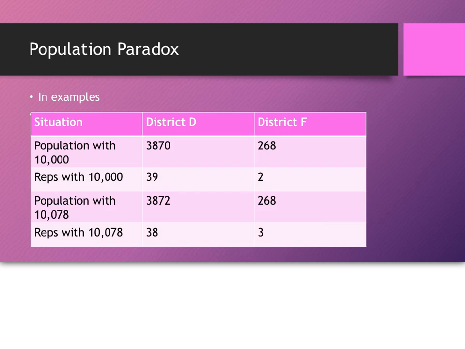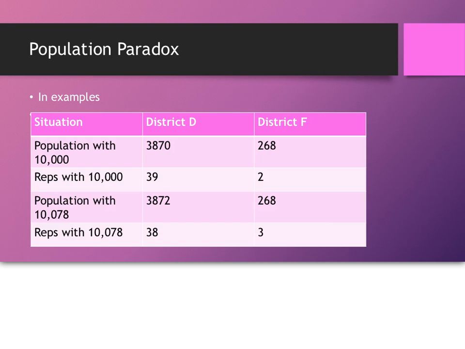Now, this is a little bit troubling because, again, it seems counterintuitive that one district would lose representatives while increasing a population, and another district in the exact same scenario would increase representatives while remaining the same. In fact, you can do this for different numbers, and you can get that one district increases, and the other district, you could have probably decreased this number by 1, and you'd probably still get the same result.